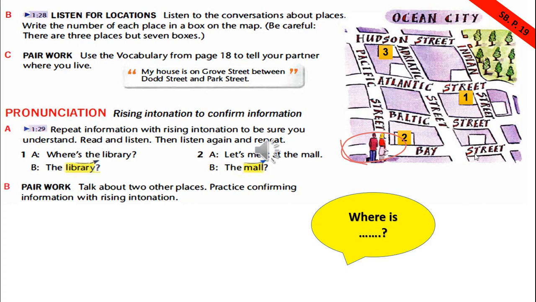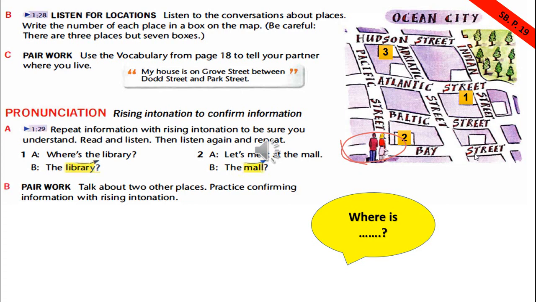I want you now to go back to the conversation while you are watching this lesson on YouTube at home, listen to the conversation again and try to realize why these 3 places were mentioned, and try to focus on the vocabulary in order to understand, in order to check your answers.